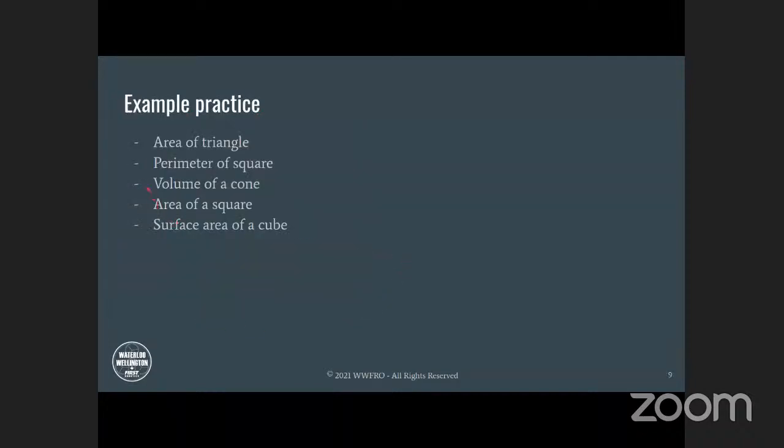I would suggest as an exercise to do any of these, such as finding the area of a triangle, perimeter of a square, volume of a cone, area of a square, or surface area of a cube, any of those, or anything else that you want to do. If you don't remember a formula for some geometric object, you can just search it up online. Google has pretty much anything.